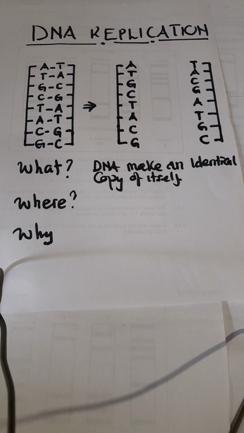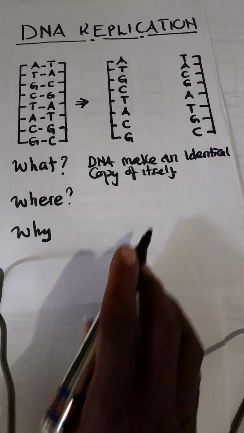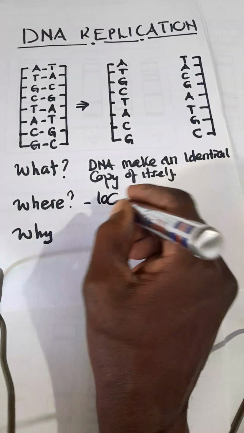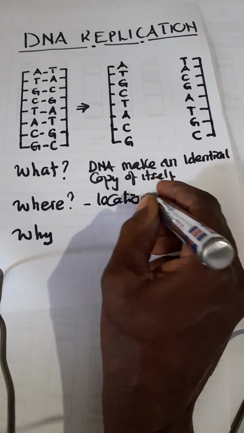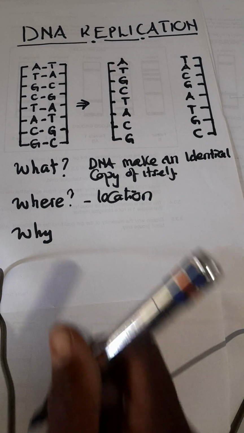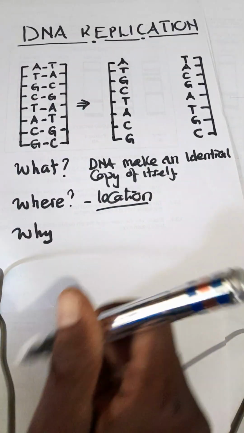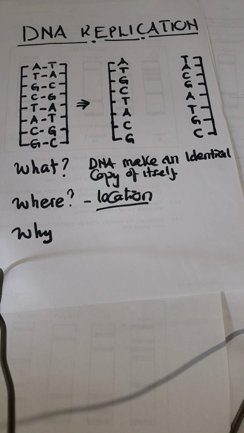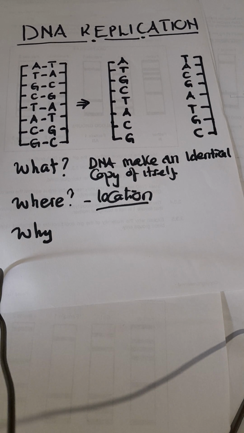remember about the location of DNA. Remember when we were introducing the concept of DNA or nucleic acid, we paid much greater attention to identifying where in the cell DNA is located.